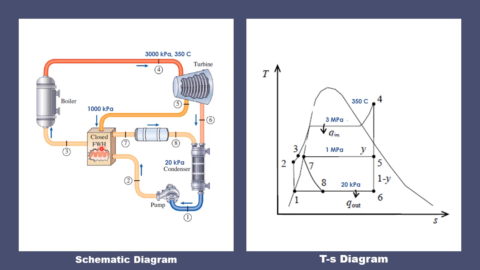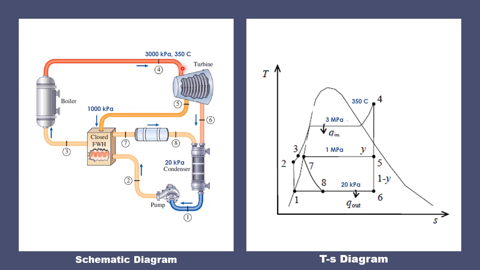In the closed feed water heater, there's no mixing of the feed water coming from the pump at point 2 with the steam extracted at point 5. So this will just leave at point 3 at the same pressure as that of point 2. And then it enters the boiler, and then the cycle will just continue.